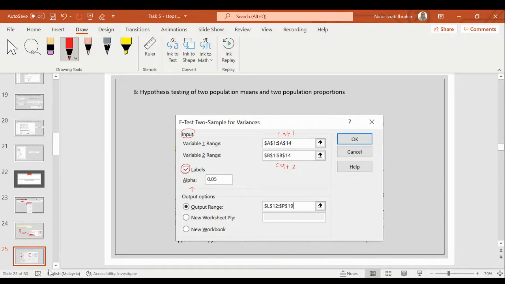The alpha for group assignment, we always use 5%, so here you need to set 0.05. For output range, you tick on the output range and you select the cells where you want the output to be. Once you have done the setting, you click on OK.